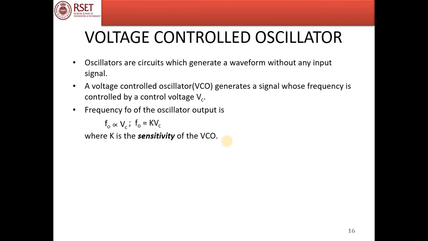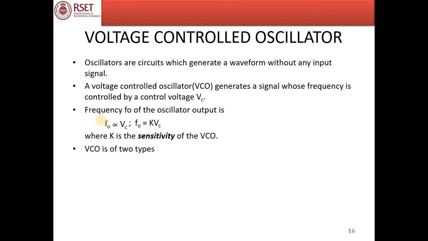FO is equal to K into VC, where K is the sensitivity of the voltage controlled oscillator. So a voltage controlled oscillator is an oscillator which generates an output signal whose frequency is controlled by another control voltage or modulating signal VC.